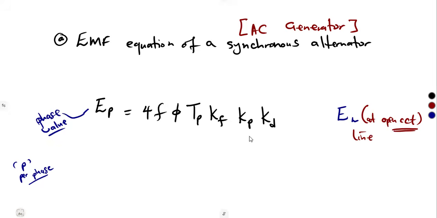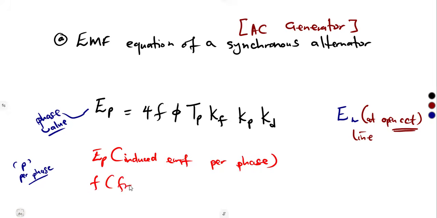So like I said, guys, just for you to know this part, EP is our induced EMF per phase. Then we have our F, which represents the frequency. Definitely, guys, you know your voltage is measured in volts.